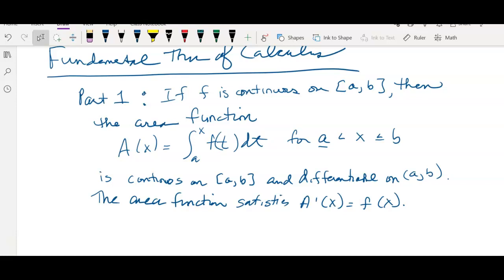The function. They undo each other, which we saw with the antiderivative. We've seen that relationship.